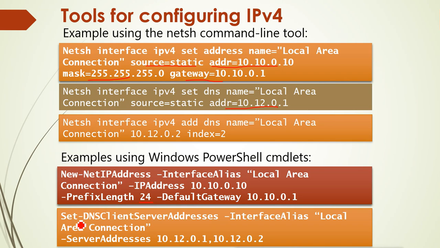For that you use the command Set-DnsClientServerAddress with the interface alias name, and then the server addresses, as many as you have. Like this is one address of the DNS server, this is the alternate address for the DNS server. So these are the PowerShell commands and the command line tool we can use to configure IP addresses.